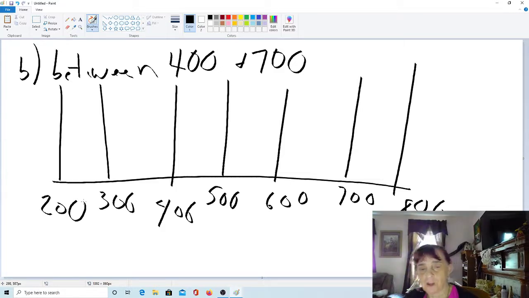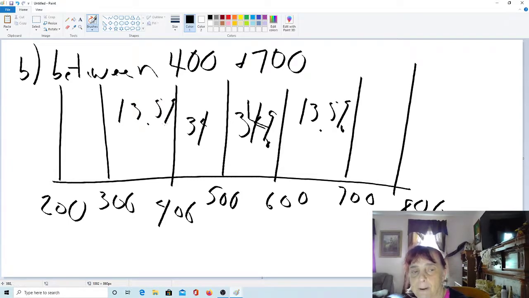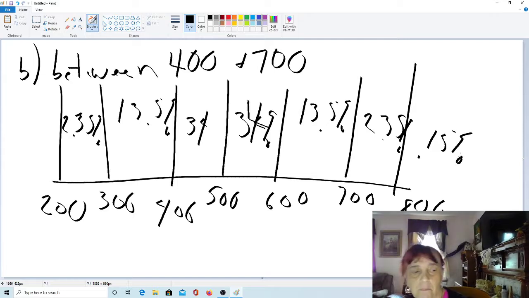And here you have 34% of the data on both sides of the mean, 13.5% here, 13.5% here, and then 2.35% here, 2.35% here, and then 0.15% and 0.15%.